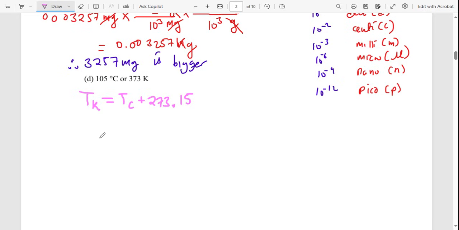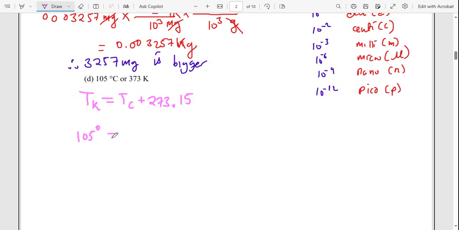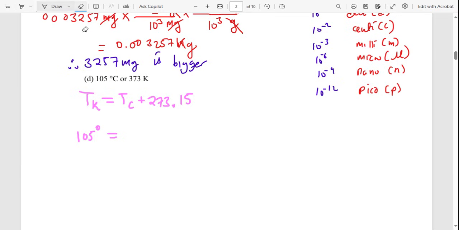You can choose. 273.15 is a bit more accurate. So let's convert 105 degrees. When you want to take it to Kelvin, it becomes that temperature in degrees, which is 105 in this case, plus 273.15.